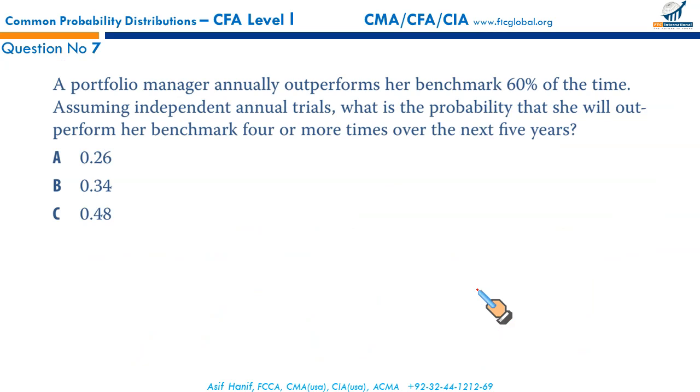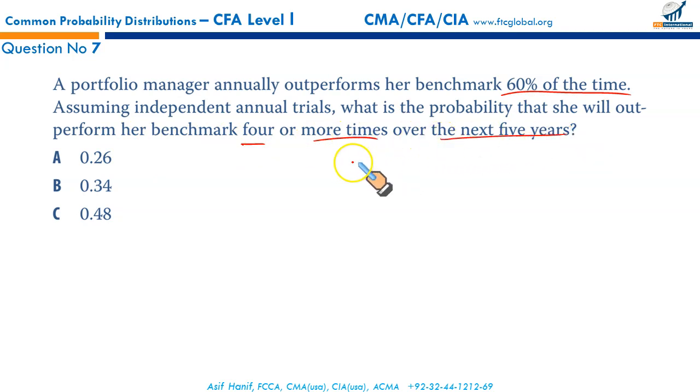Next, a portfolio manager annually outperforms her benchmark 60% of the time. Assuming independent annual trials, what is the probability that she will outperform her benchmark 4 or more times over the next 5 years?